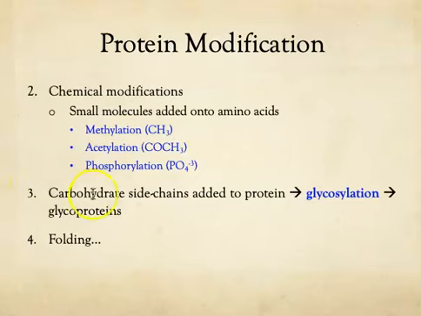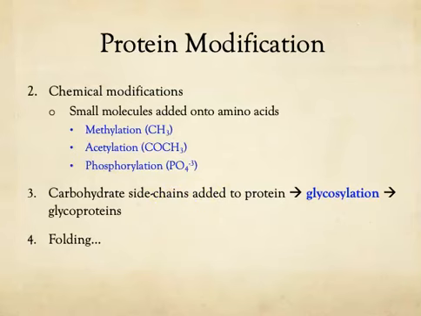I've listed here the three most common small molecules that are added on to polypeptides as chemical modifications. There are methyl groups added on through a process called methylation, acetyl groups through acetylation, and phosphate groups through phosphorylation. Remember, any time a small molecule like one of these gets added on to a polypeptide, it's going to influence the way that that polypeptide ultimately folds up.